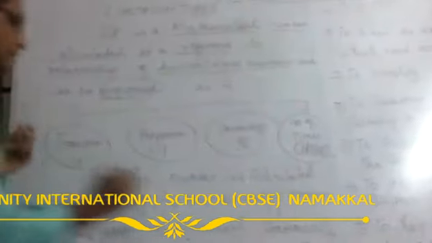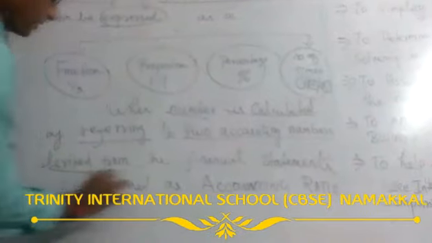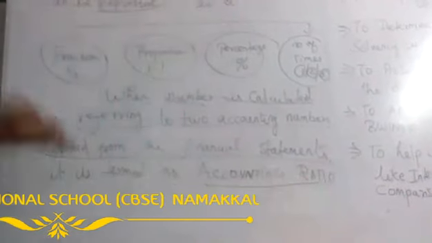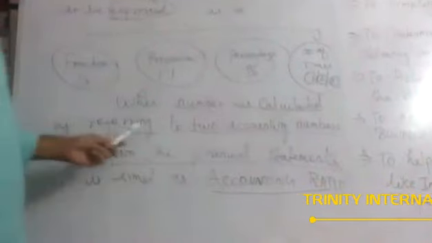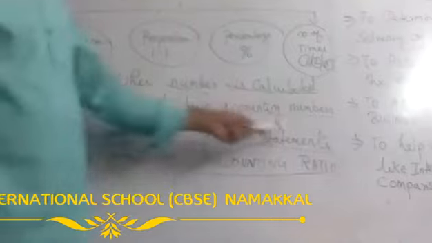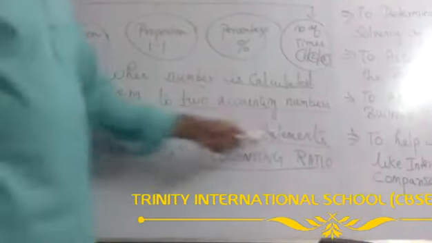When a number is calculated by referring to accounting numbers derived from our financial statements, it is termed as accounting ratio. So I repeat once again, what is accounting ratio? When a number is calculated by referring to two accounting numbers derived from the financial statements, it is termed as accounting ratio. That's the introduction of accounting ratio.